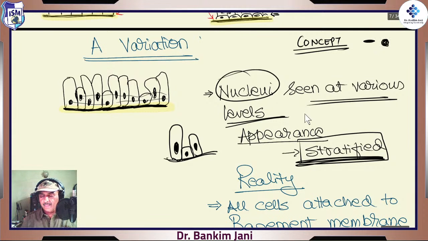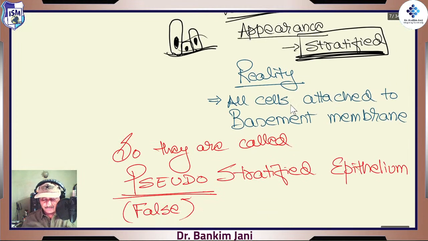Very crisply. But then keep in mind that in some cases it would look like this, where you will find that they appear like stratified. In reality, all cells are attached to the basement membrane, because their height is different, that's why they look like stratified. They are actually not.